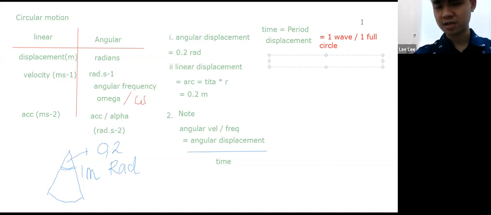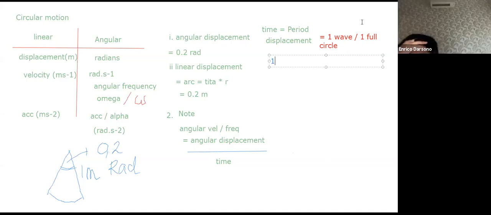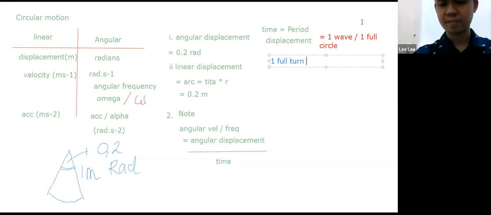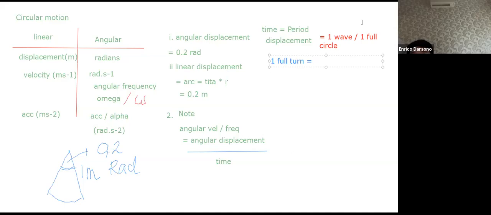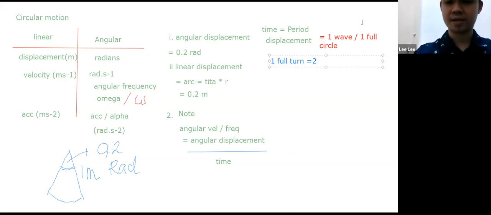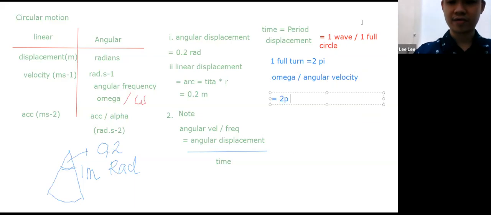Understand? Yes, sir. So if I say one full turn, how many pi is it? 2 pi. So now the formula for omega, the angular velocity, can also be 2 pi over period.